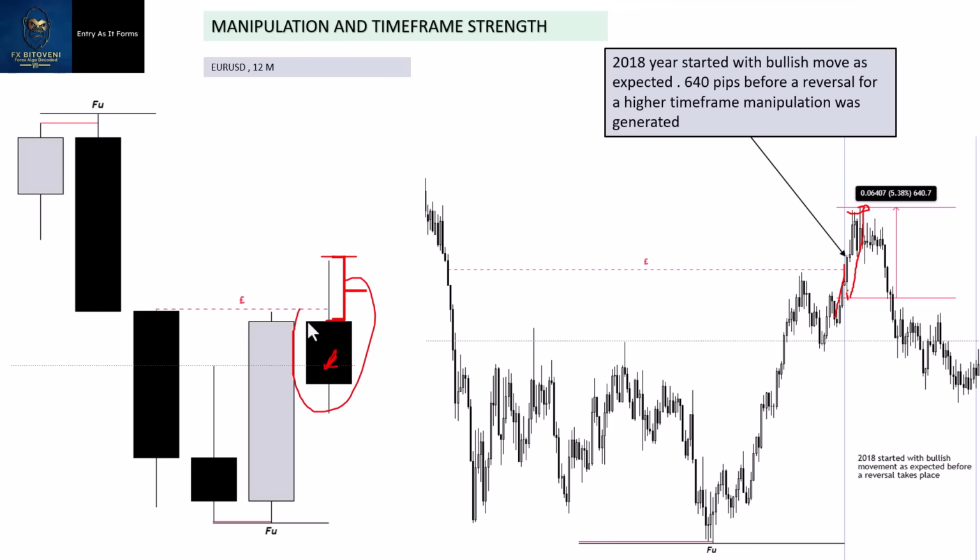So if you start here with a bullish move, you are correct because you are a master of direction, right? Then you know you have two possibilities. Market will either trade in this imbalance and reject, or it will go higher to grab this liquidity. So what happened?